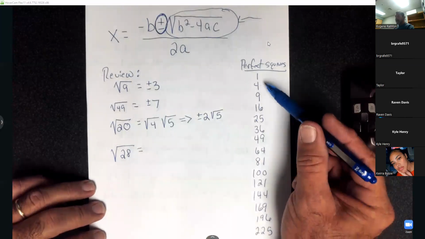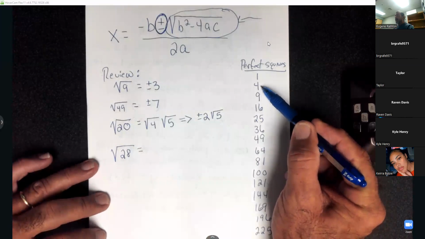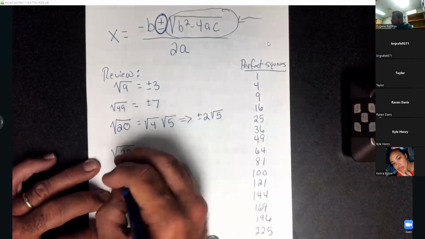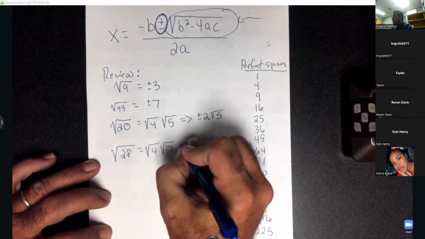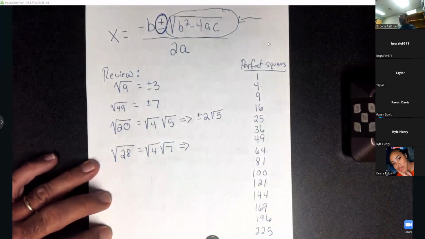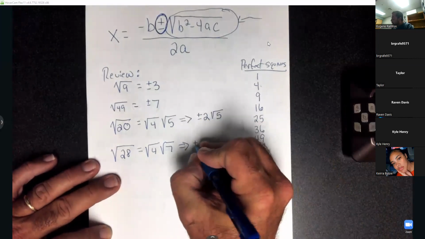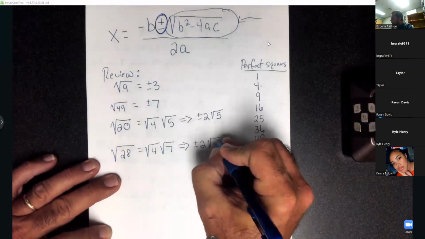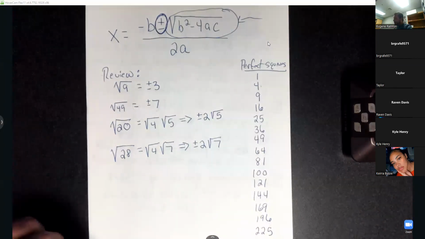So let's see. Looks like I'll do a 4 again, right? 28 divided by 4 gives me what, 7? So you would write the 28 as a square root of 4 times square root of 7. And then the perfect square has to come out, so we'll make that a plus or minus 2 square root of 7. There you go.